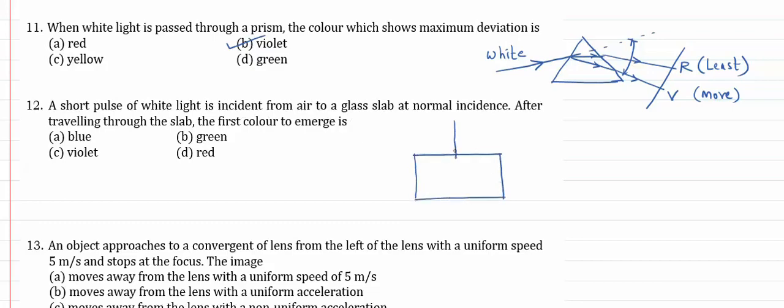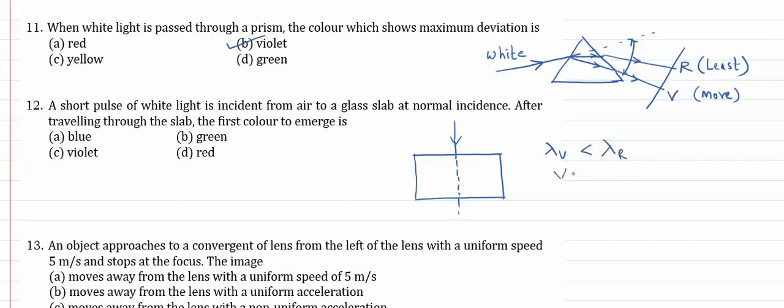After traveling through this slab, ಯಾವ್ದು ಕಲರ್ ಫಸ್ಟ್ ಹೊರಗೆ ಬರ್ತದ ಅಂತ ಕೇಳೋಣ. ಈಗ ಇಲ್ಲಿ ನಾವು 7 ಕಲರ್ ತಗೊಂಡ್ವಿ, ವಾಯ್ಲೆಟ್ ಟು ರೆಡ್. ಸೊ ಈಗ wavelength of violet is less than wavelength of red.